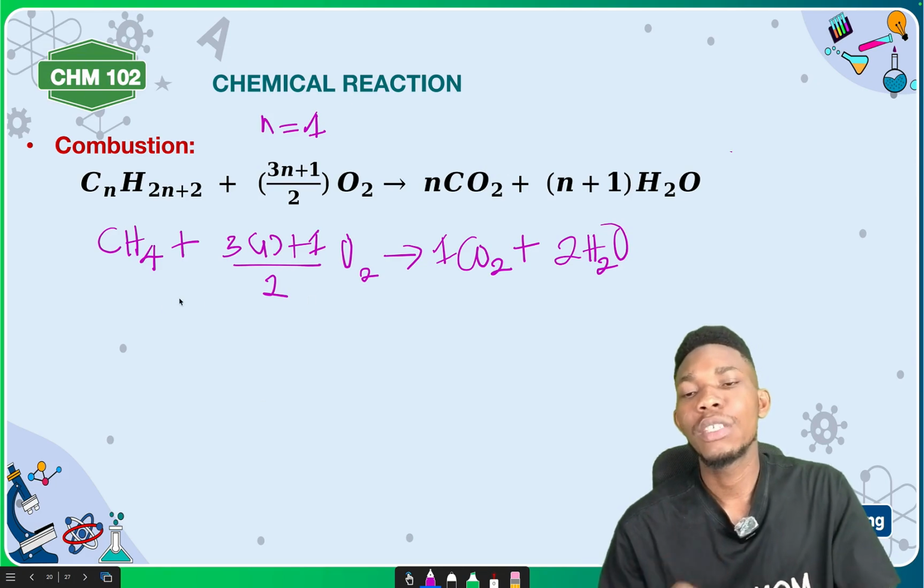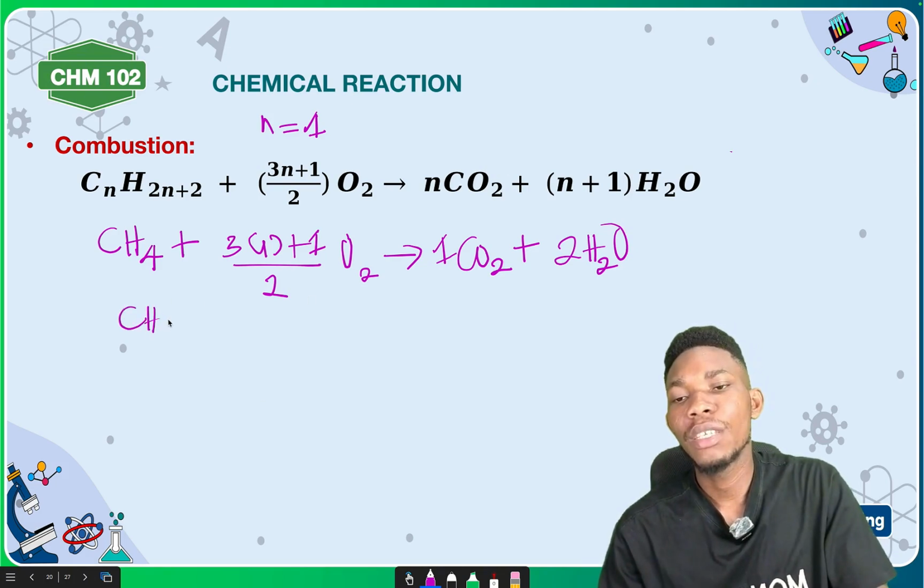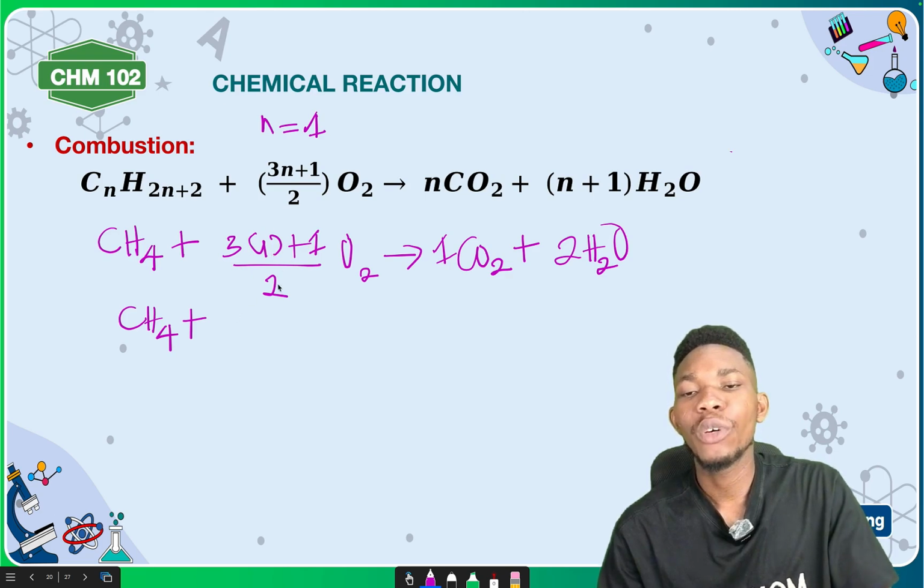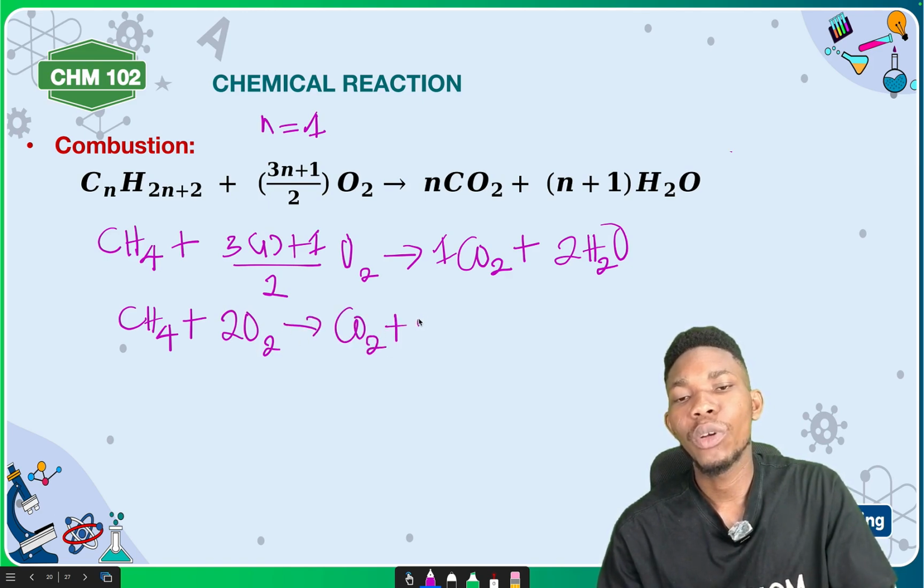This is the product, this is what you are going to have. At the end of the day, this will give us CH4 plus 3 times 1 plus 1, which is how many? 4. 4 divided by 2 is how many? 2. So 2O2 to give us 1 CO2 plus 2H2O.